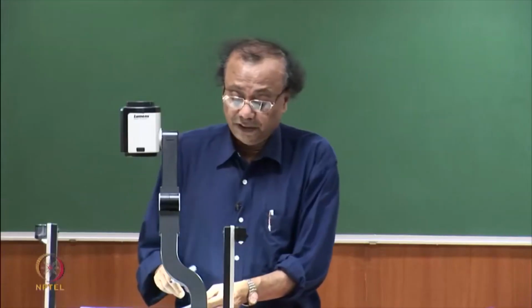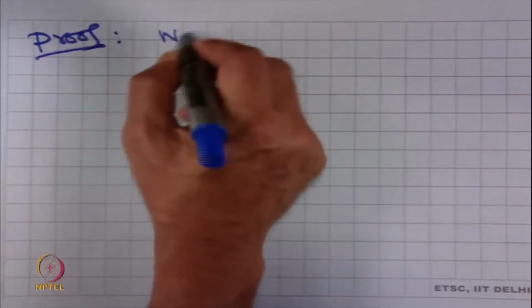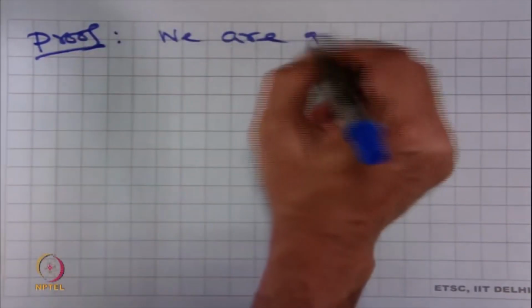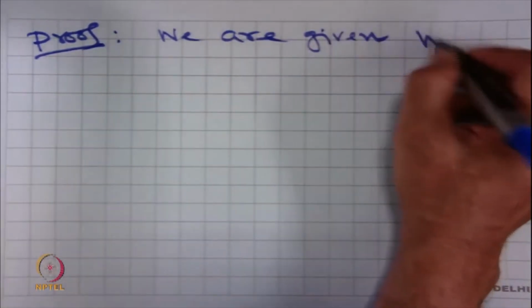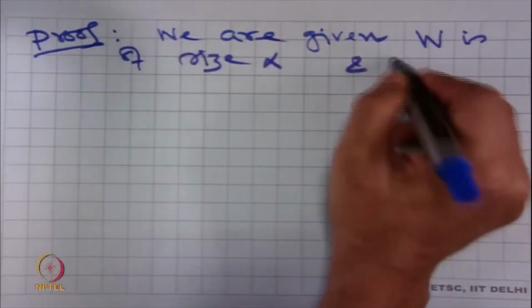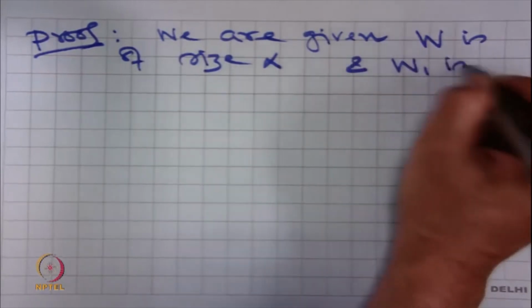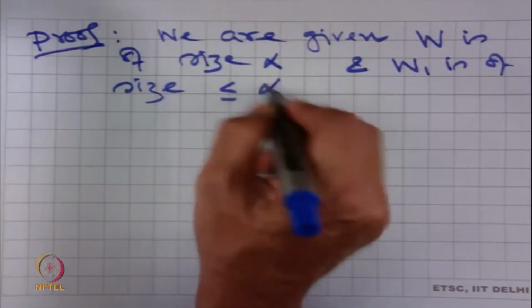So, we want to prove this. We are given W is of size alpha and W 1 is of size less than or equal to alpha.